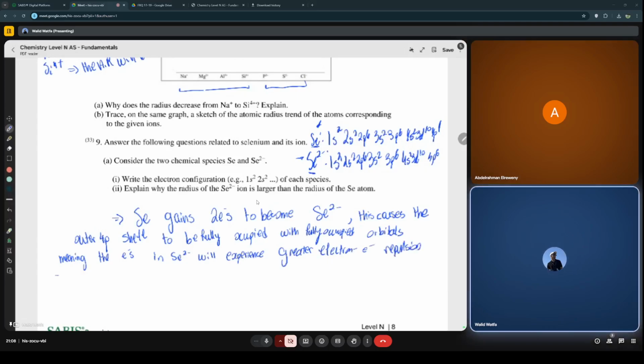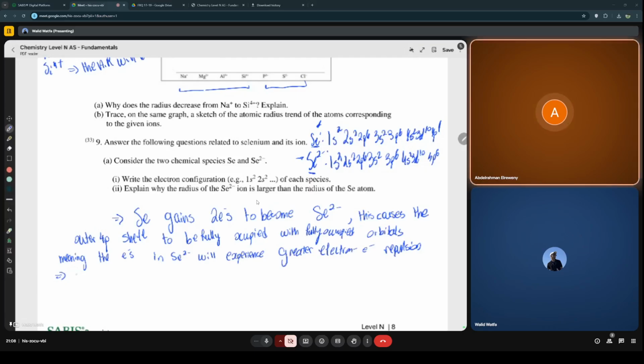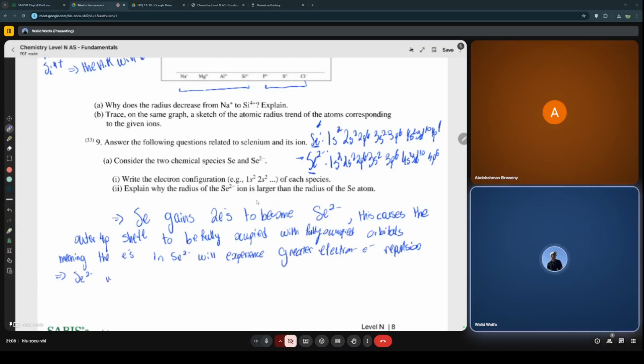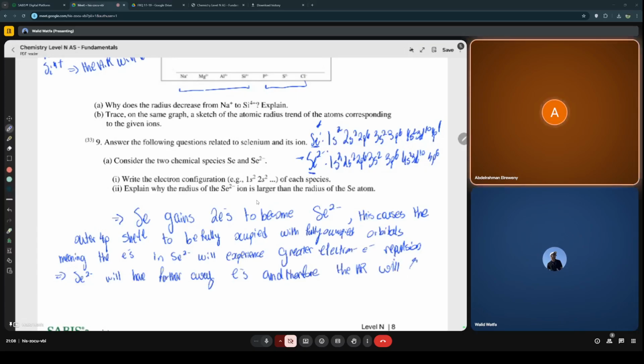Therefore, they will be further away, they'll have a larger radius. Se2 minus will have further away electrons, and therefore the atomic radius will increase. Capiche?